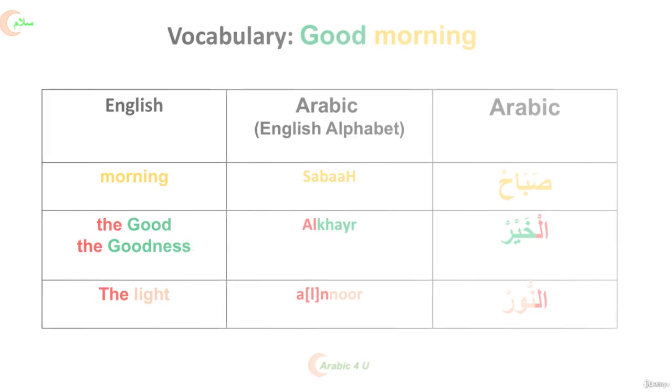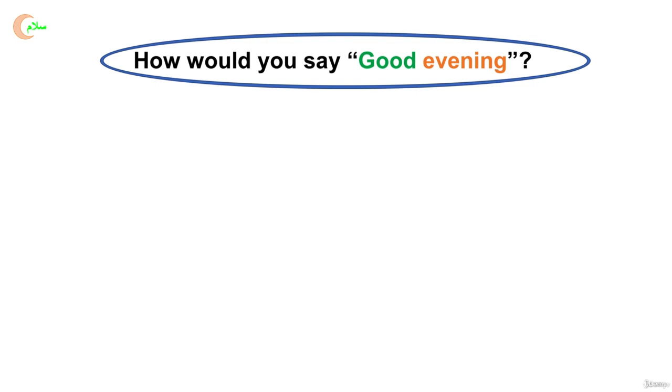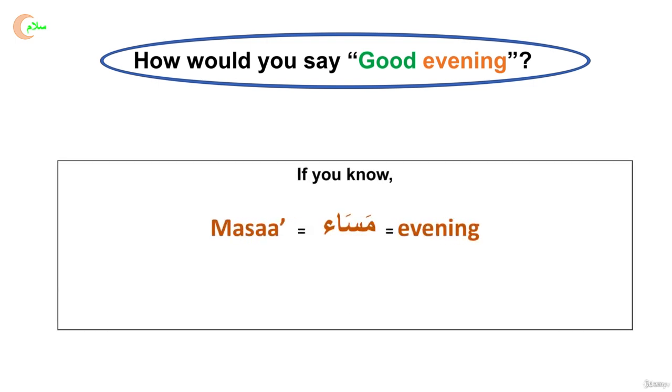I want you to see if you know how to say good evening, knowing that the word evening in Arabic is مساء. Let's read it. مساء. So pause the video, write down the answer or say the answer, and then come back to see if your answer is correct.